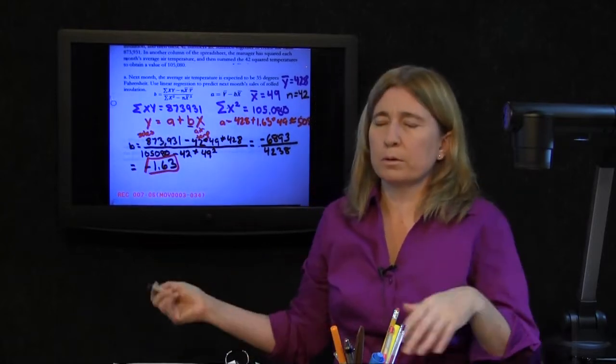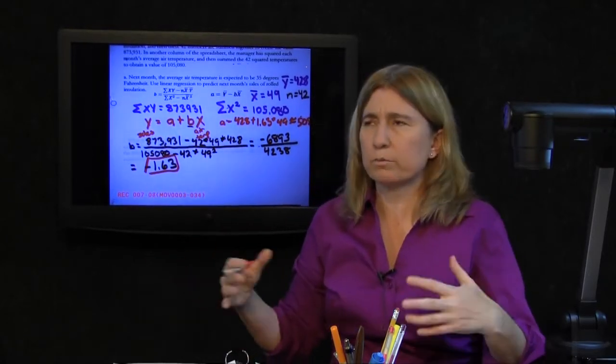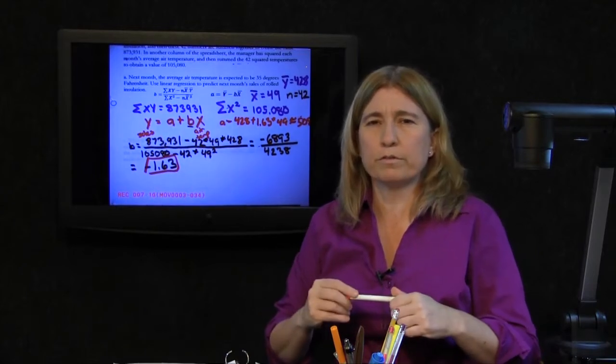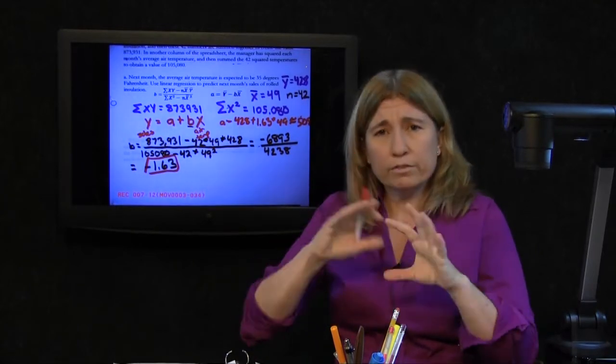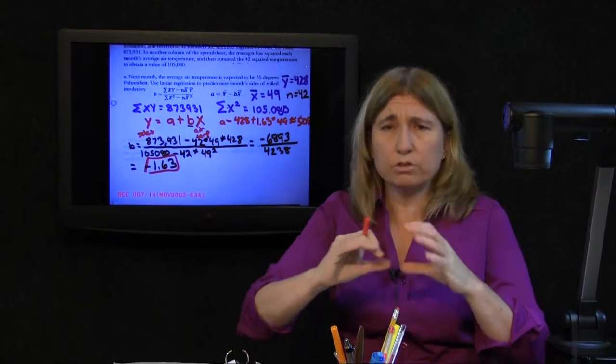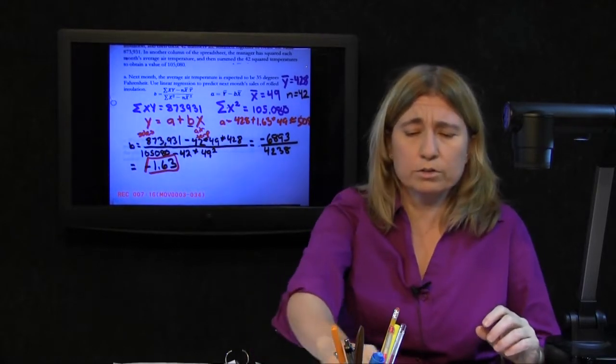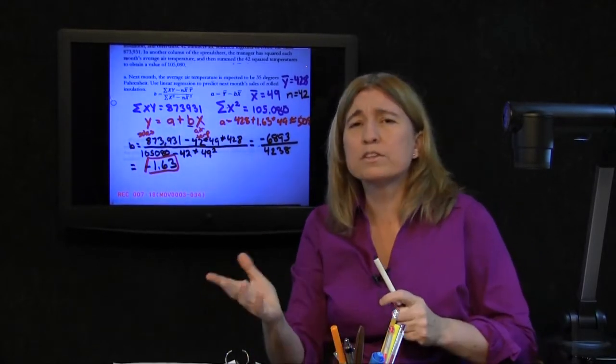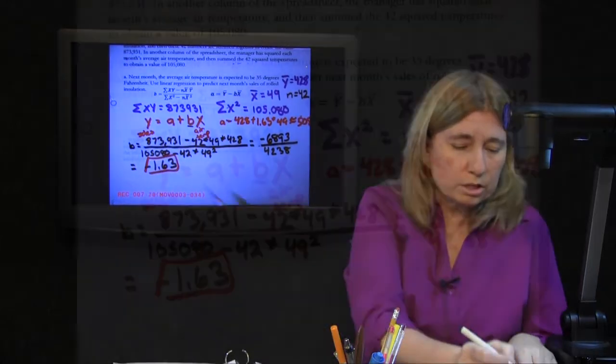It still said something about predicting next month with an average temperature of 35 degrees. Oh, we have to now put them together into the finished formula. Here's our hypothesis based on linear regression.